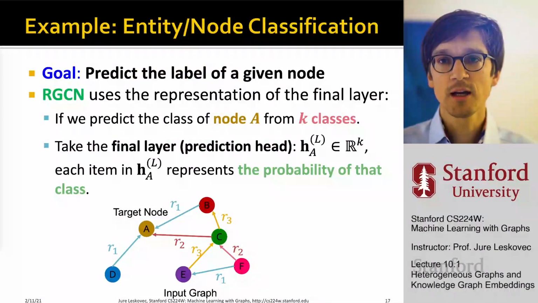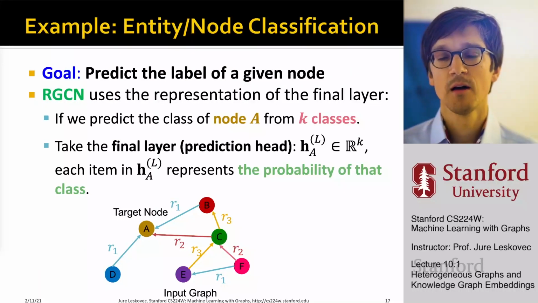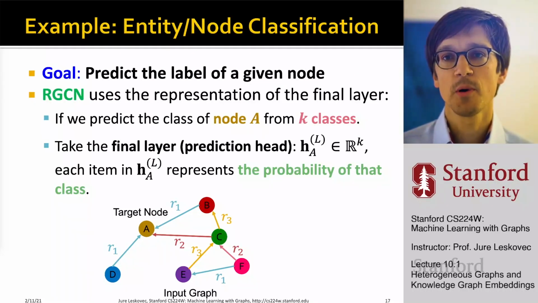So now we have talked about this scalability issue of RGCN with two different approaches.